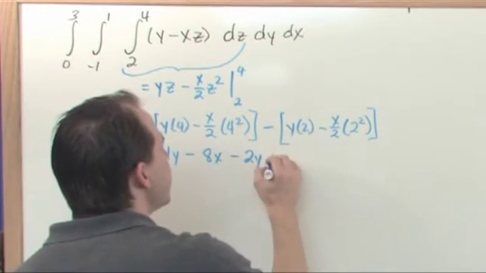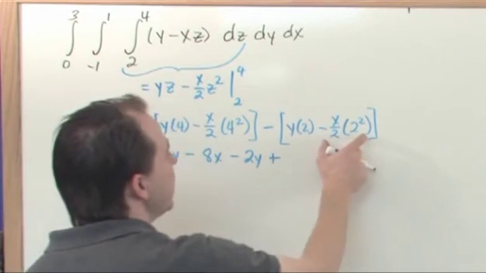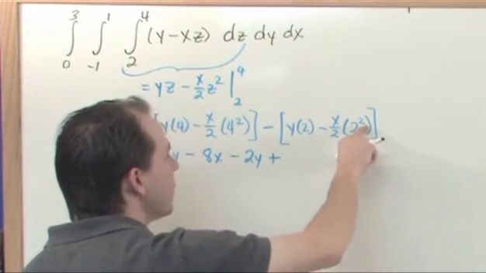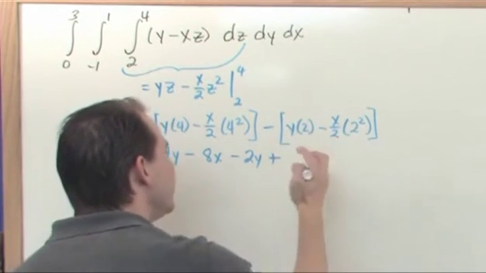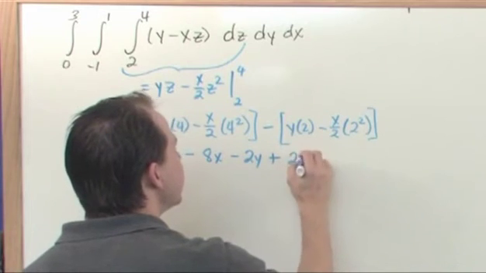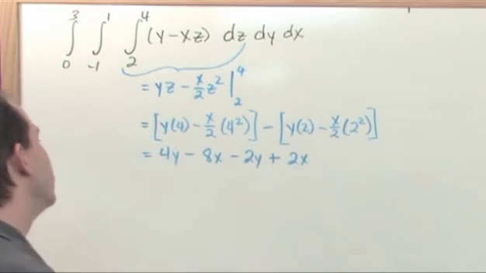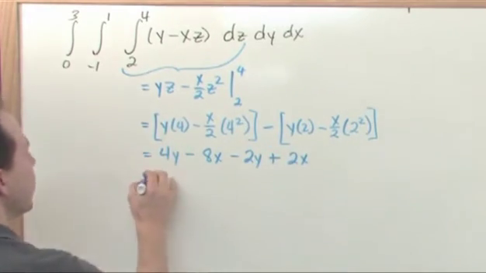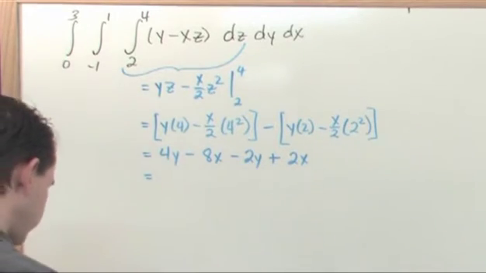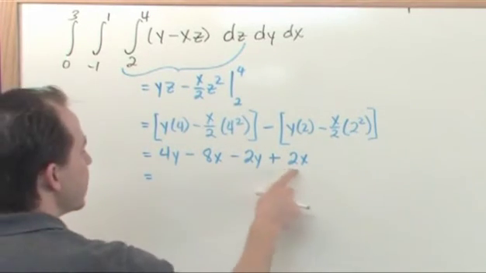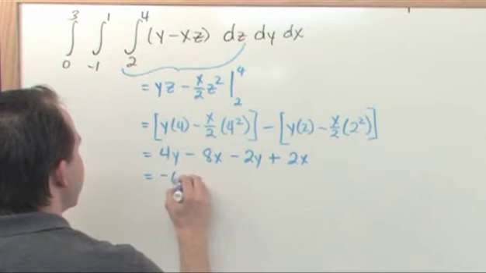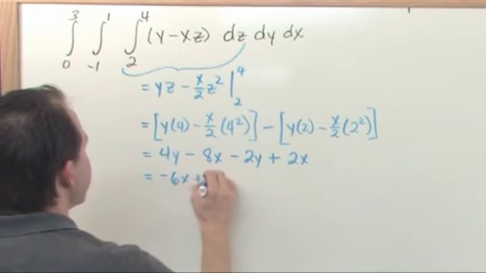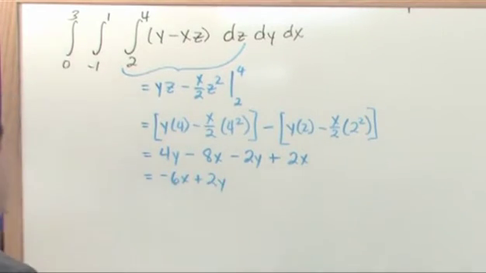Negative times negative gives me a positive. And then over here, 2 squared is 4, and 4 divided by 2 is 2, so you have 2x, and it's positive because of this. So collecting all of my terms, I have negative 6x plus 2y. Negative 6x plus 2y.